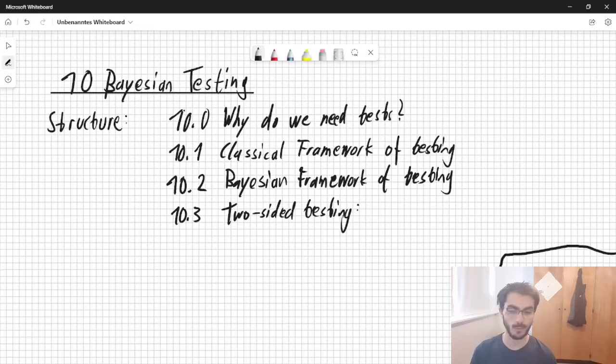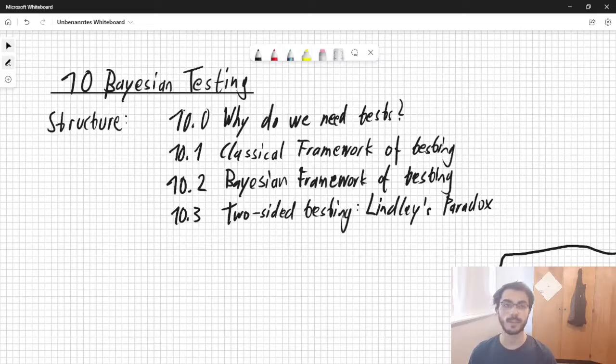And this is what's called Lindley's paradox. It's an example where it not only appears that the results are different, but also that they even seem to diverge for larger sample sizes. And that's pretty much it.